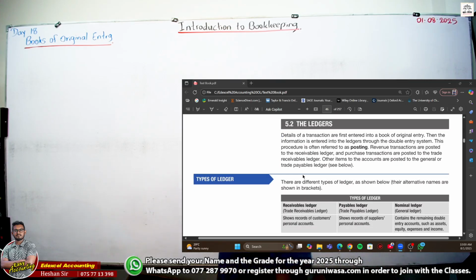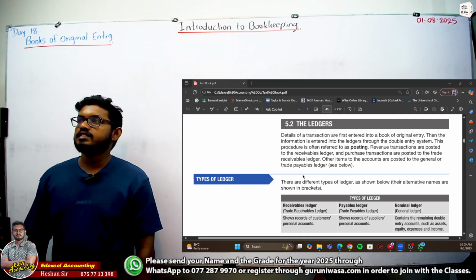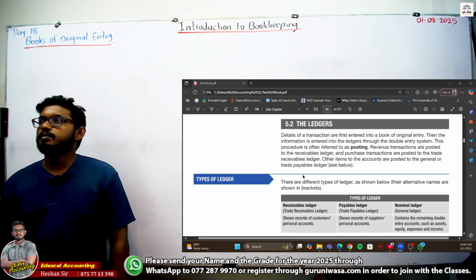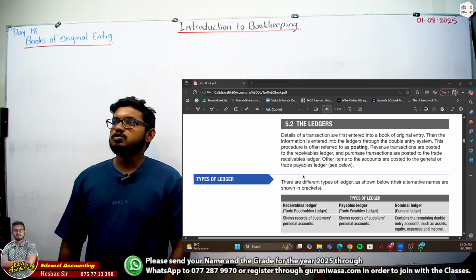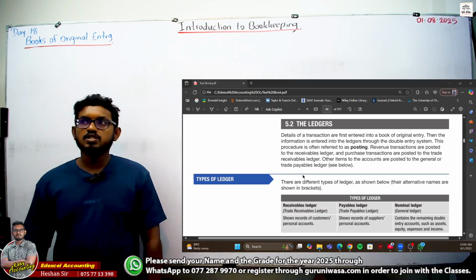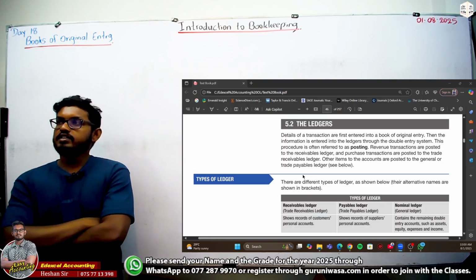So these are the things. Ledgers. Details of transactions are first entered into the books of original entry, then the information is entered to the ledgers through the double entry system. Now you know the double entry system. This procedure is often referred to as posting, right? So we call it posting. Revenue transactions are posted to the receivable ledger.